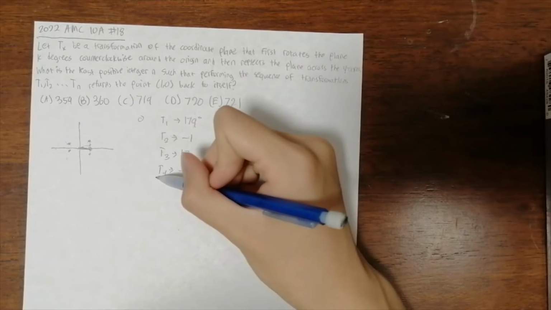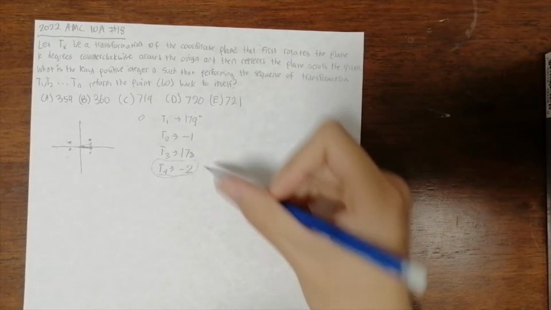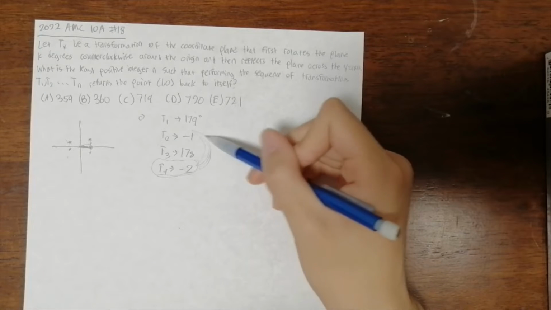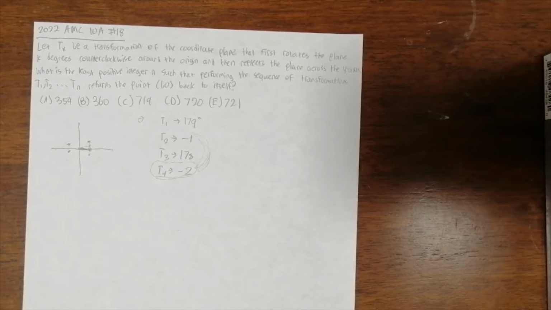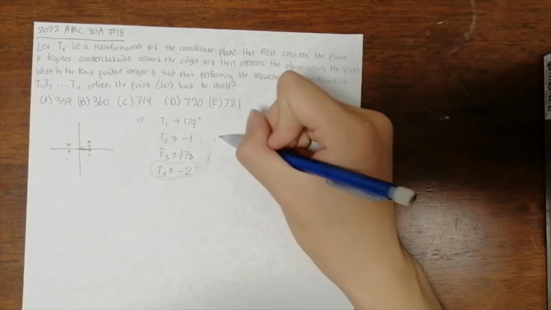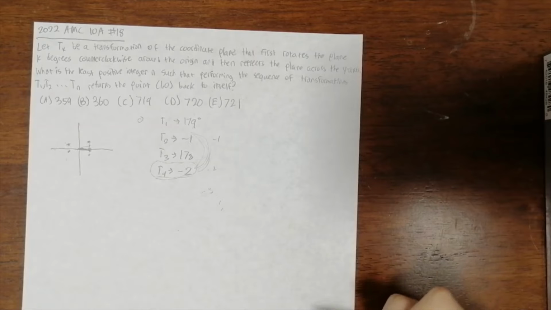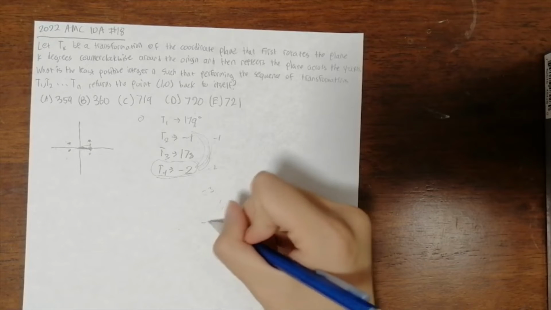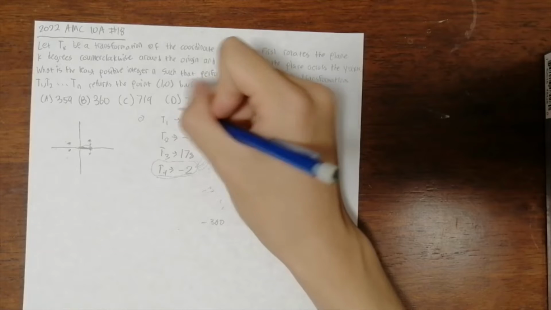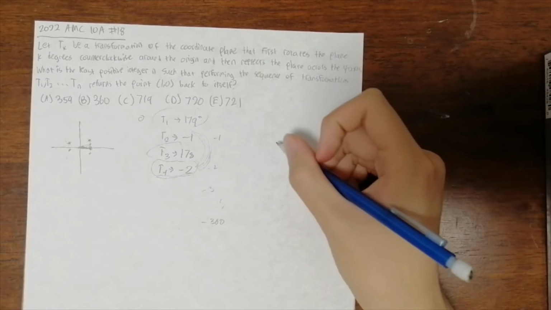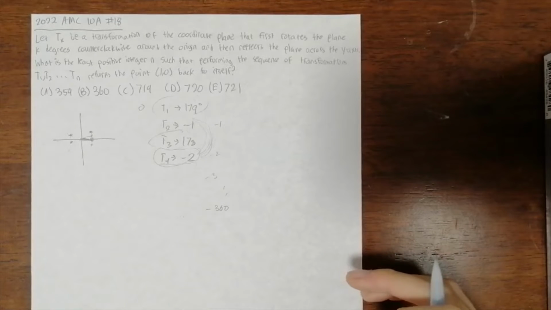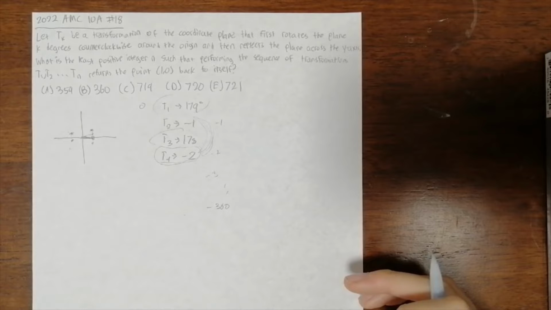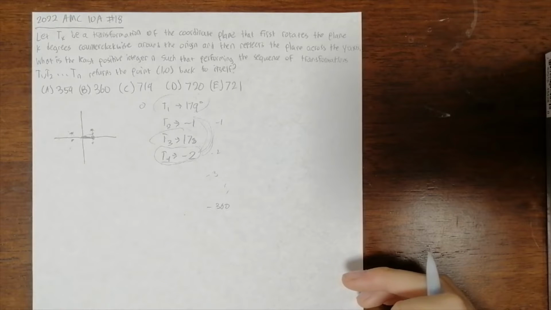If we look at these negative ones, like -1, -2, -3, to get back to 0, point (1, 0), we have to decrease by 360 degrees. But if we look at the positive ones, 179, 178, it only has to decrease 180 degrees. So we should look at the odd ones to see when the point (1, 0) gets back to itself.